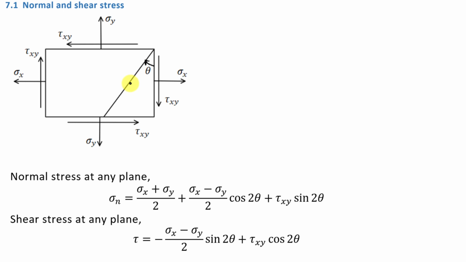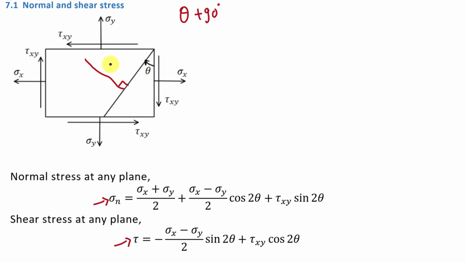Now here this is the plane which is at theta angle, and this is the value of normal stress, and this is the value of shear stress on the plane which is at theta angle from this vertical side. Fine? Now we are going to take another plane which is at 90 degrees from this plane. Means actually this plane in this body is at the angle of theta plus 90 degrees from this vertical side.